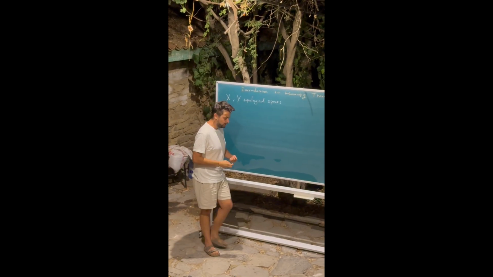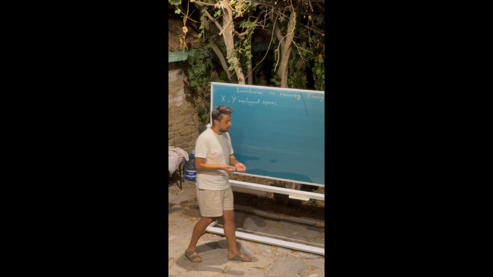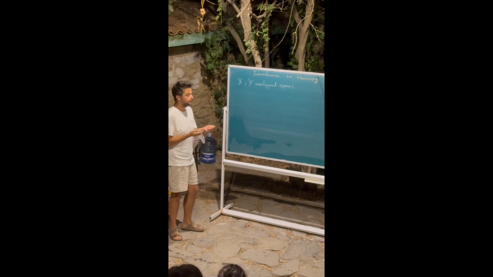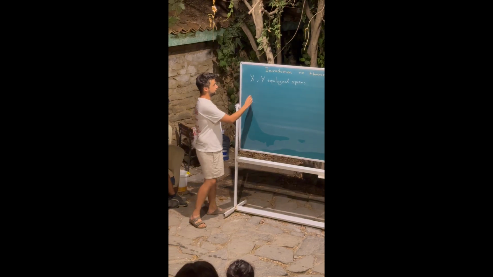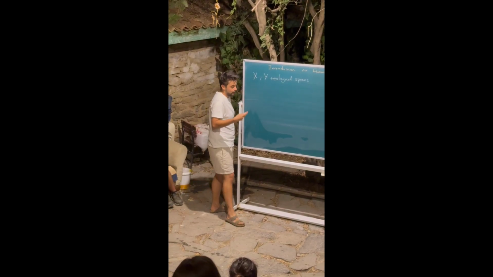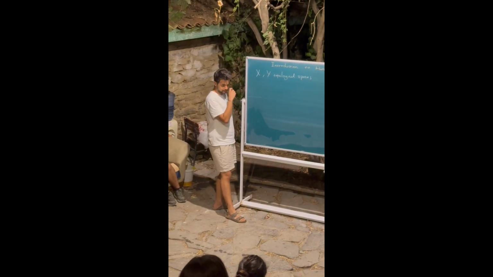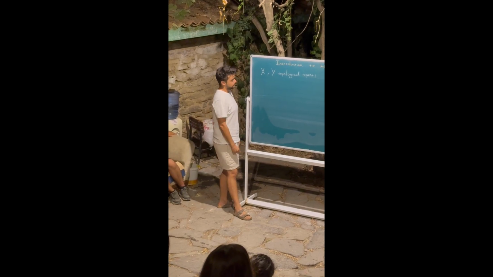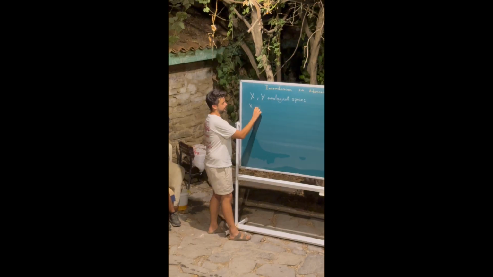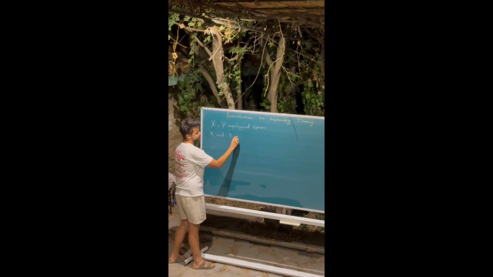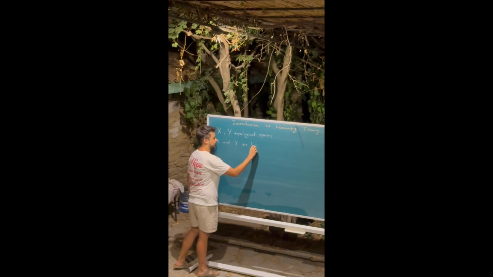So usually we need to come up with an idea of what it means for them to be the same, okay? And the first one that we learn in undergrad is homeomorphism. So we say that X and Y are homeomorphic.